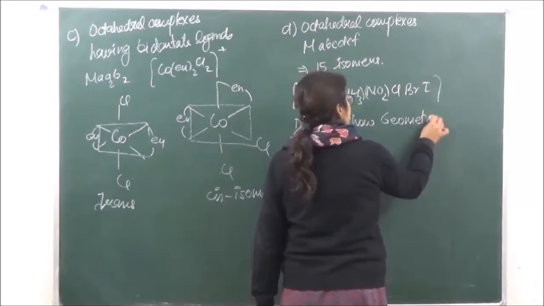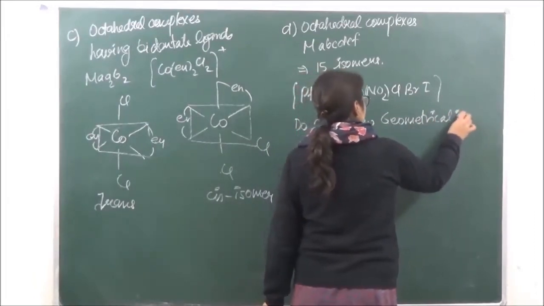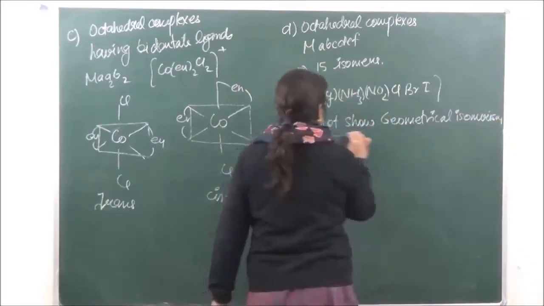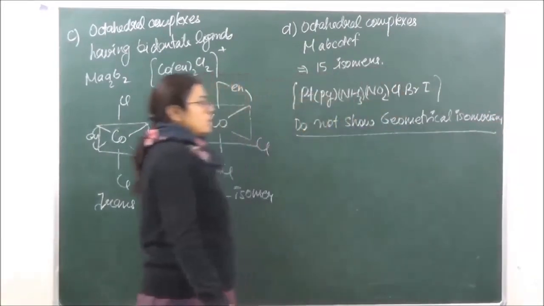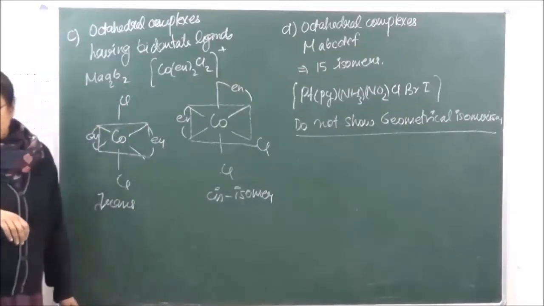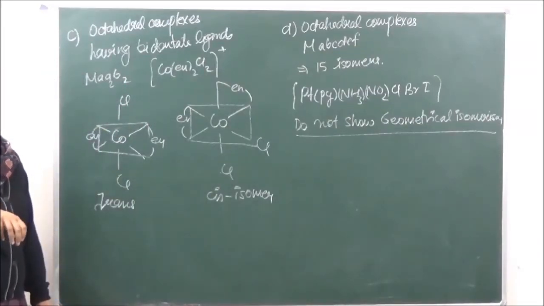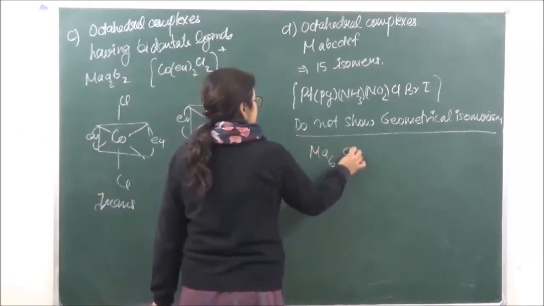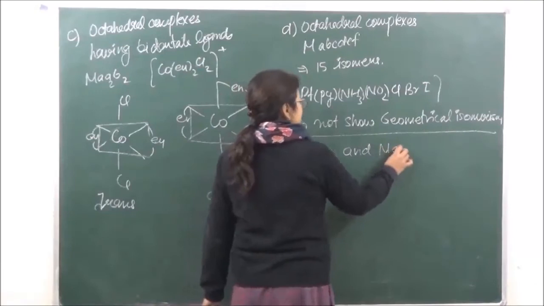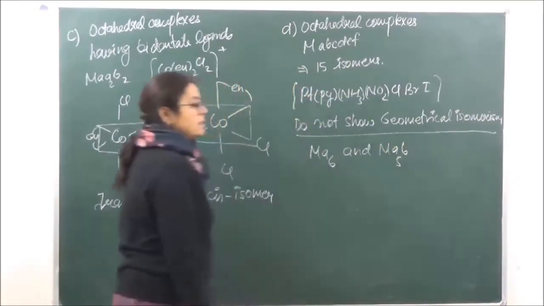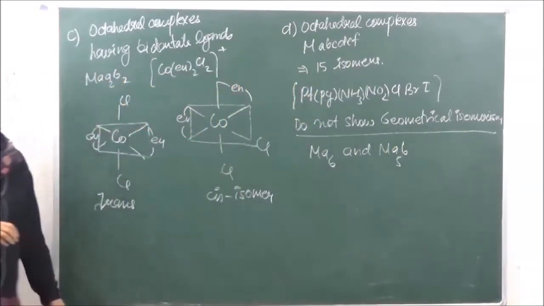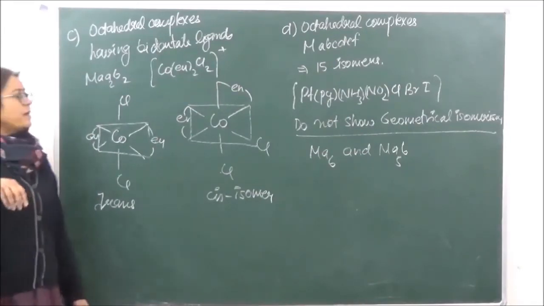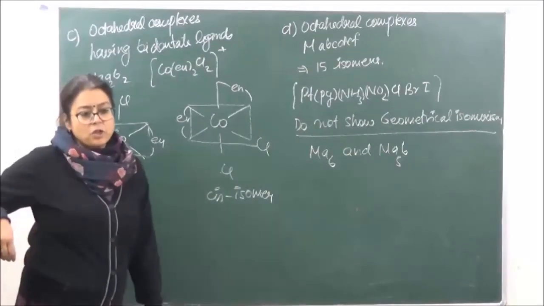Octahedral complexes which do not show geometrical isomerism are going to be Ma6 and Ma5b. These are not going to show geometrical isomerism. Is it clear? So this is the geometrical isomerism in square planar and octahedral complexes.